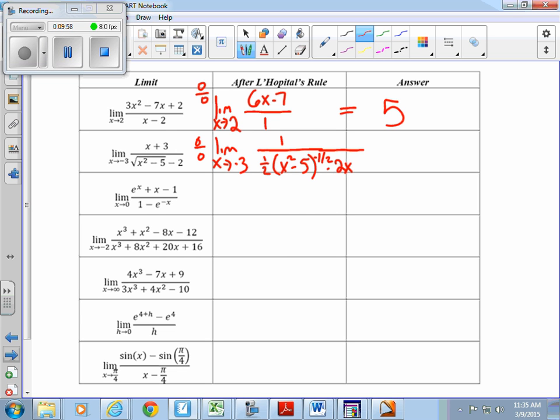Now I can plug in negative 3 because I don't get 0 on the top anymore. Negative 3 squared is 9. 9 minus 5 is 4. What is 4 to the negative 1/2 power? 1/2, right? Well, let's do that without a calculator because these are non-calculator problems. How? Square root of 4 on the bottom. This half makes it a square root, the negative is on the bottom.